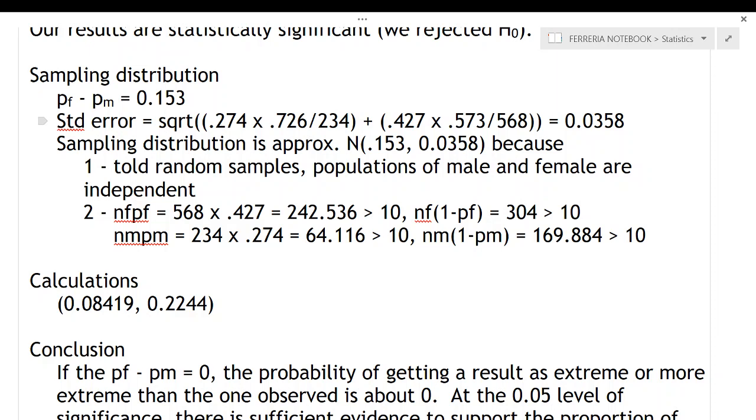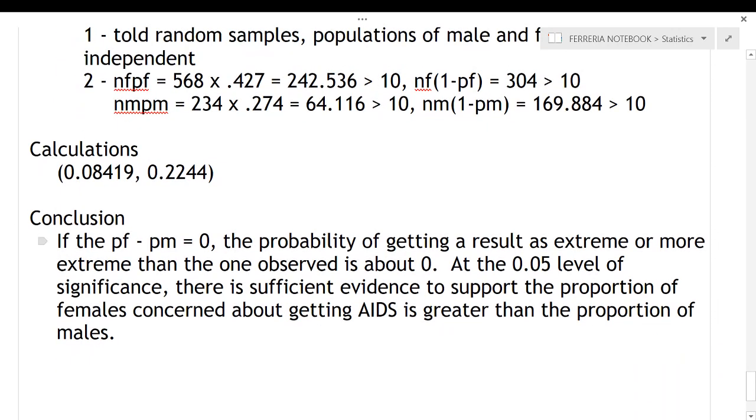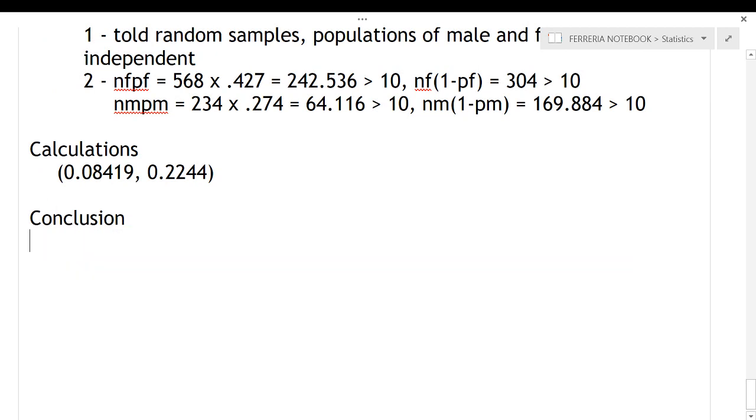Okay, are we okay with this? We should probably write a good conclusion while we're here. There's no more p-value.